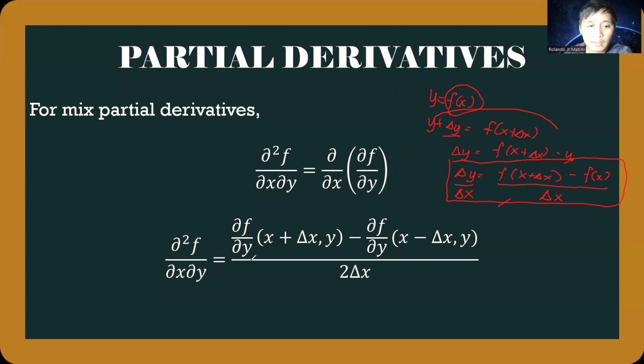Now the same happens here. Since we partially differentiate this function, our function is this one. So the same goes. If our function is equal to the function of x plus delta x and y, here we also need to add a delta value.